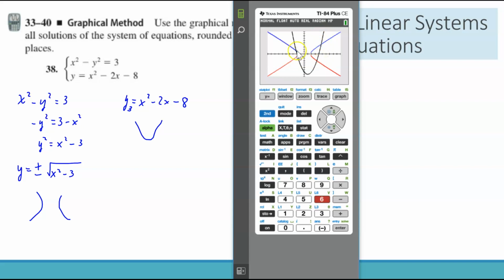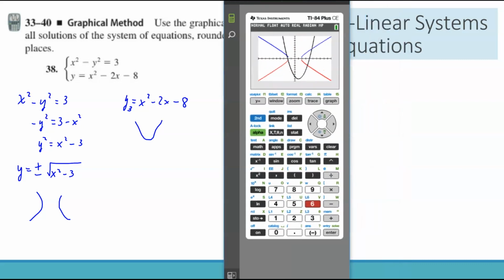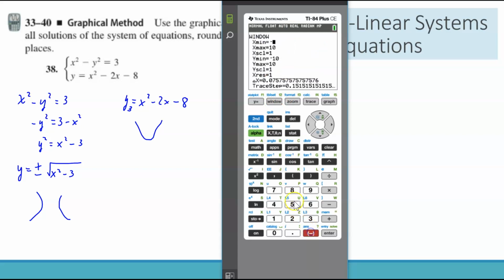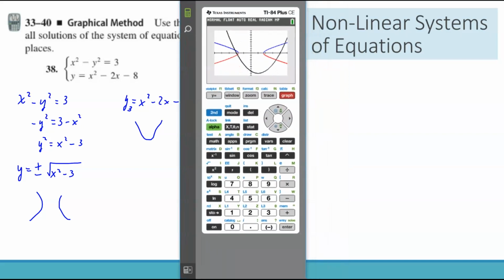And then we're going to probably have 2 here as well. So 4 total, and our answers are rounded to 2 decimal places. To get a better window, we're going to go -5 to 5, just to see a little bit better what our graph looks like. There we go.